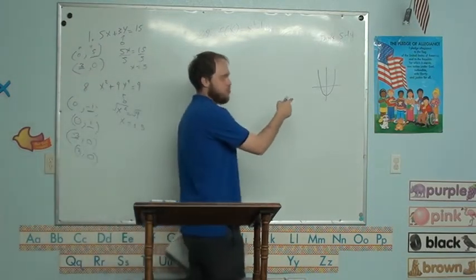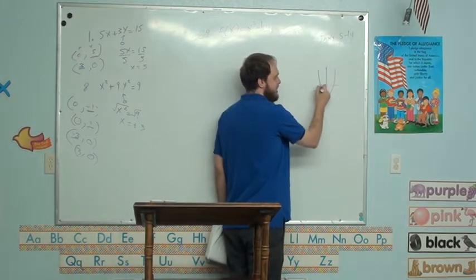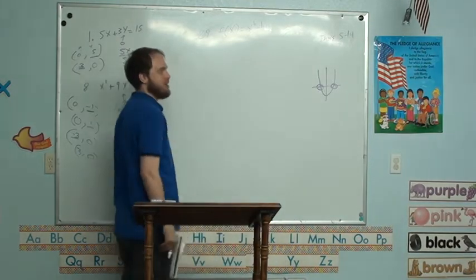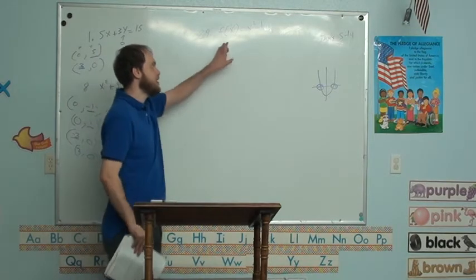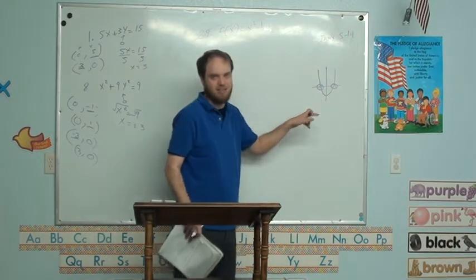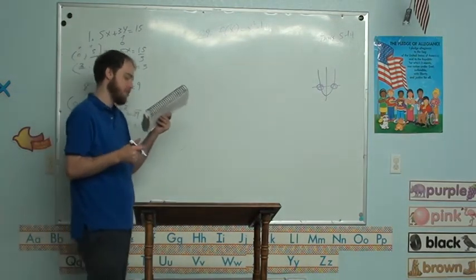For example, this one I just made up over here, the zeros are these two places where our parabola crosses the x-axis. So if we find our zeros, we know where our graph crosses the x-axis. And so that's what we're going to do first, identify the zeros for each of these.